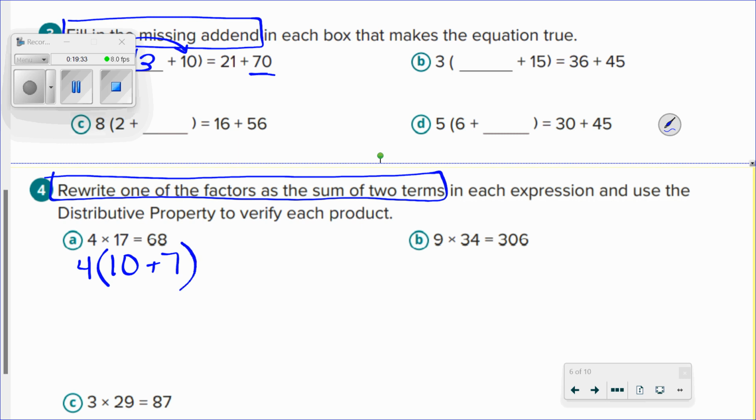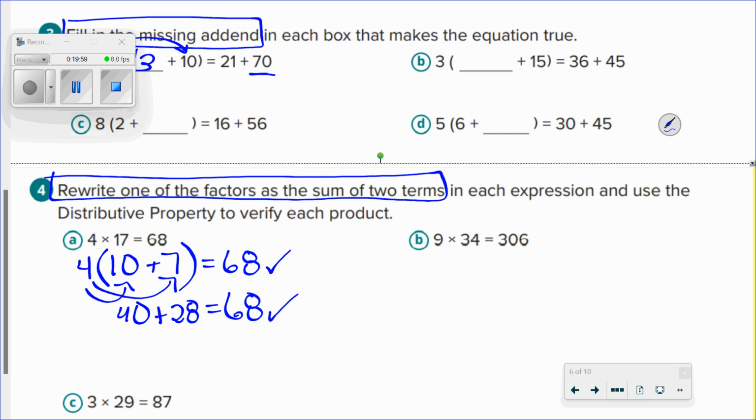And when I work out that problem, what do you think it's going to equal? 68. Yes? So let's check it. 4 times 10 is? 40. 4 times 7 is? 28. 40 plus 28 equals 68. Does it give me the same answer? Yes. So we know we got it correct.